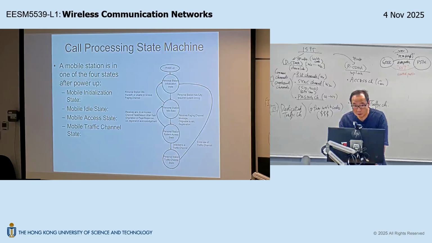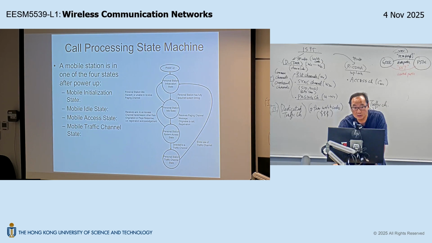So the way to design or understand or comprehend a protocol stack is usually a state machine, because any software is like a state machine, right? In a state machine, each circle represents a different state, and the arrows between the circles represent state transition events. So when something happens, the state will move from this state to the next state.